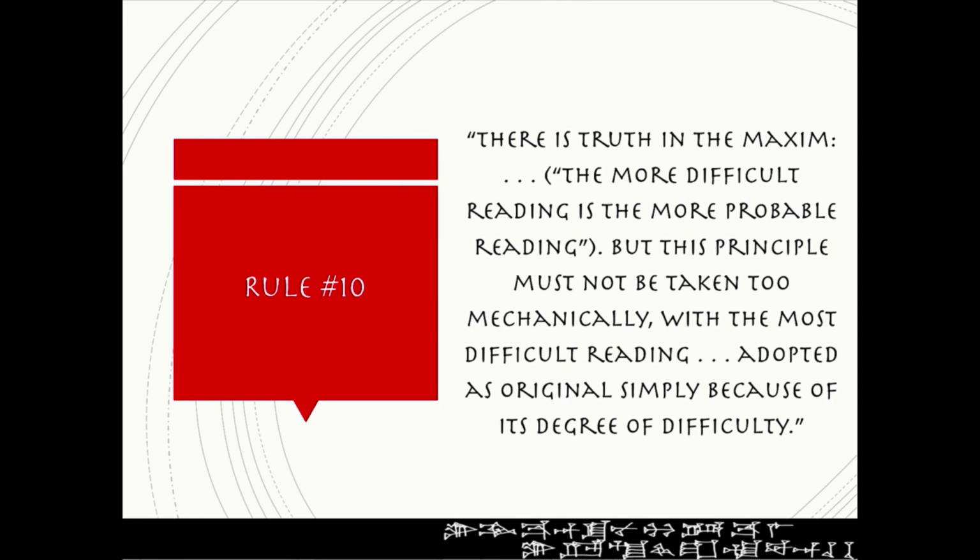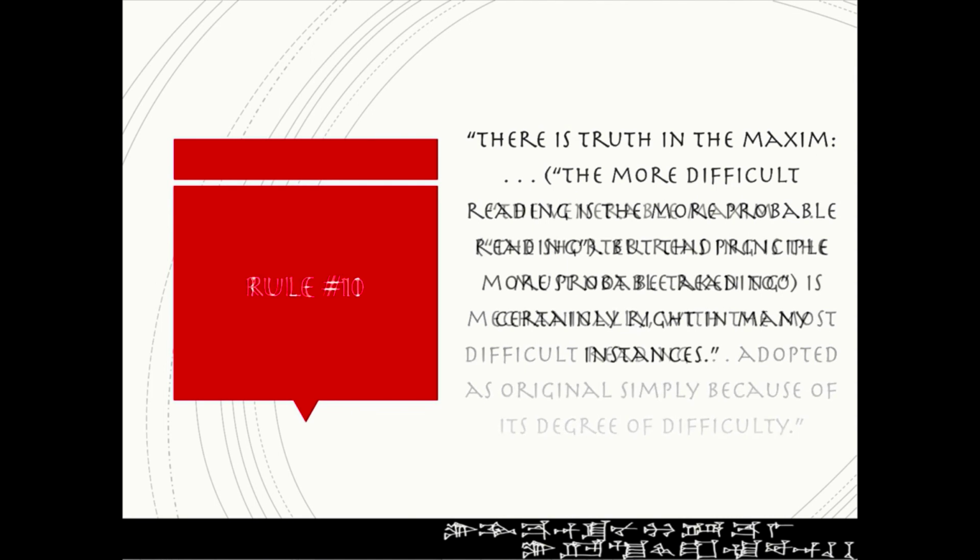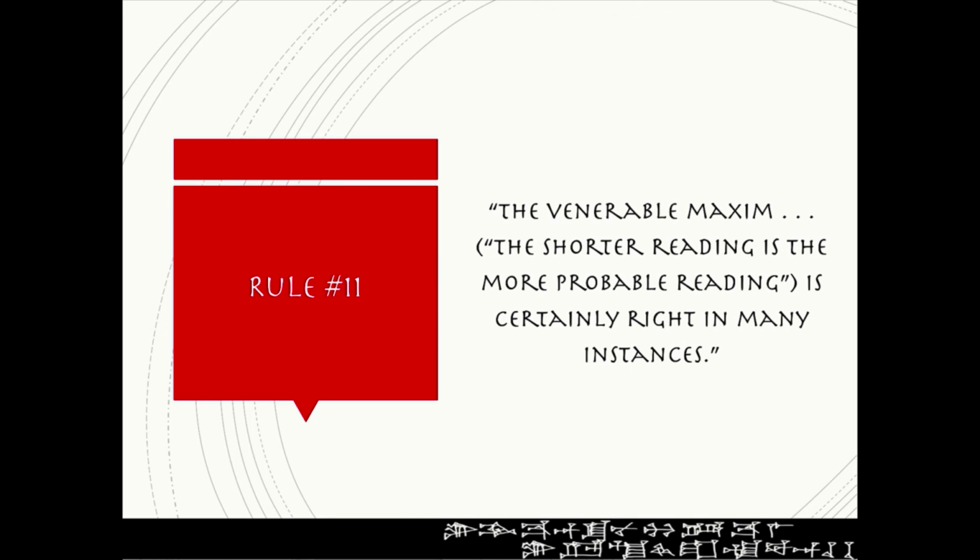However, you can't just say, this one makes the least sense, therefore it's the correct reading. It's a guideline, something you need to weigh with the other evidence. Similarly, Rule 11: the maxim, the shorter reading is the more probable reading, is certainly right in many instances, but just as with the previous rule, it cannot be applied mechanically.